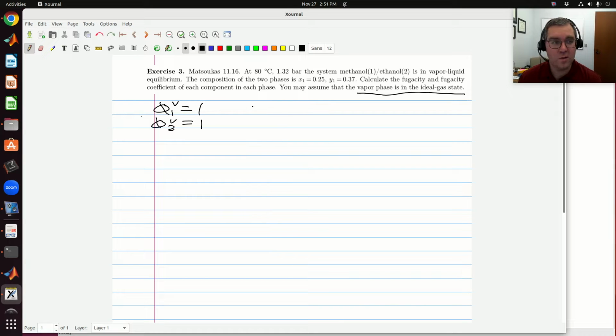If I wanted to calculate the fugacity of component 1 in the vapor, in general that's equal to Phi1V times Y1 times P. If I expand with respect to my ideal gas reference state, Phi1V is equal to 1, so it's just Y1 times P. So F1V is equal to Y1, which is 0.37, times P, which is 1.32 bar.